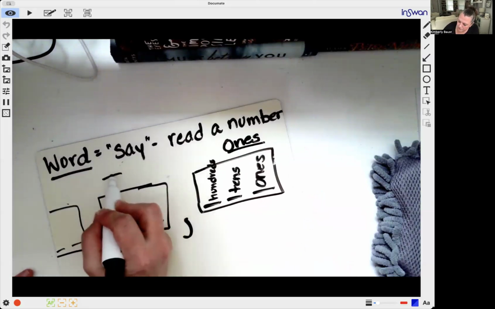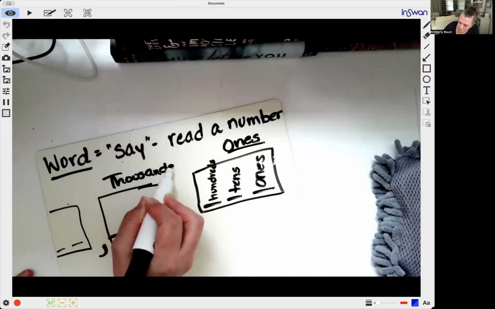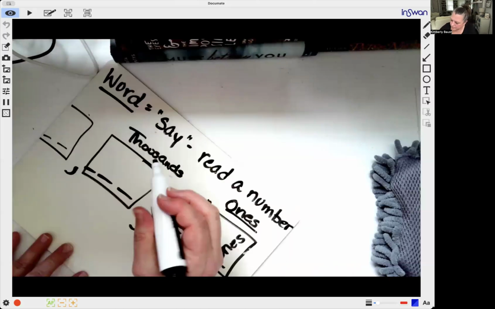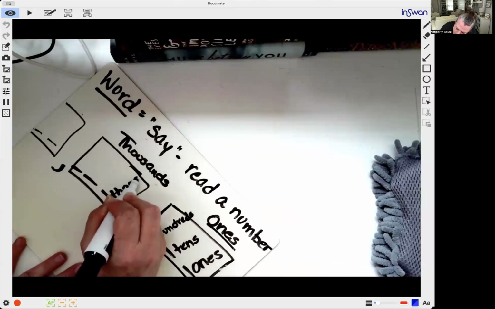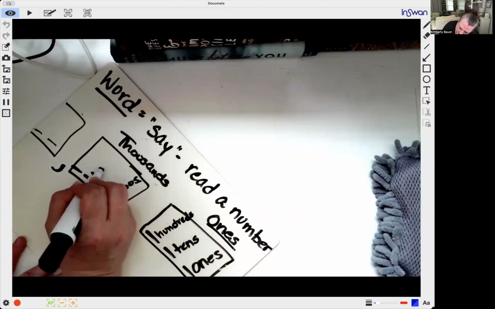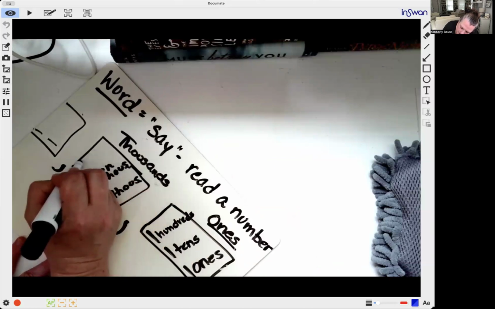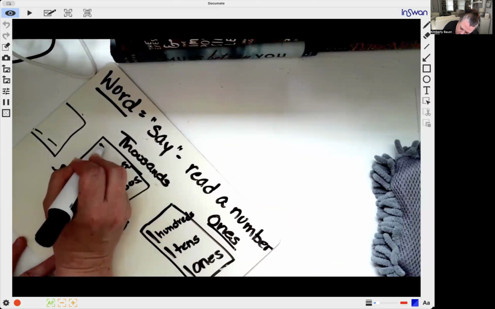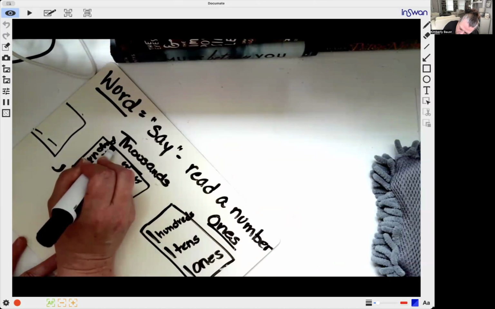Over here, you have the thousands car. This is all going to make sense in a minute. Then you have thousands. I'm not going to write it all out because I'm running out of room. 10,000s and 100,000s.